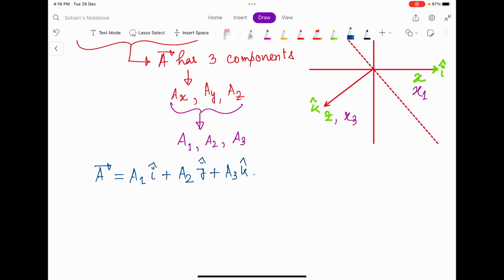Now this vector can be represented as Ai. What do you mean by Ai?